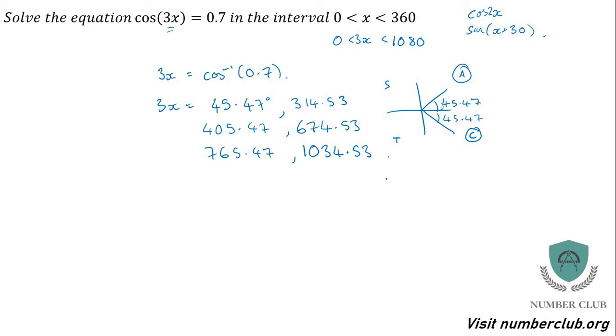Those are all 6 values that would work if we were dealing with 3x, but we're dealing with just x. And so all we need to do is take each of those and divide them by 3. So we get 45.47 divided by 3, and that will equal 15.16.